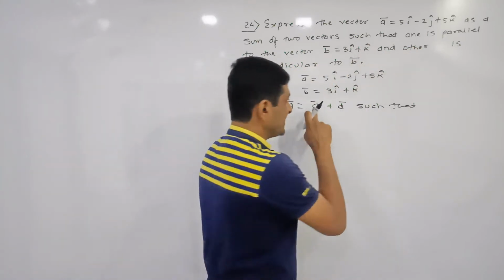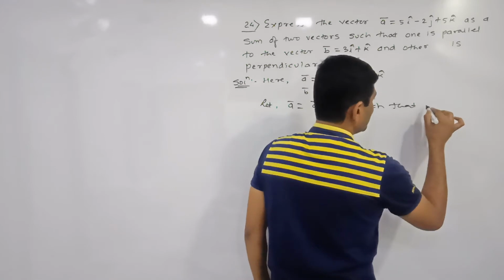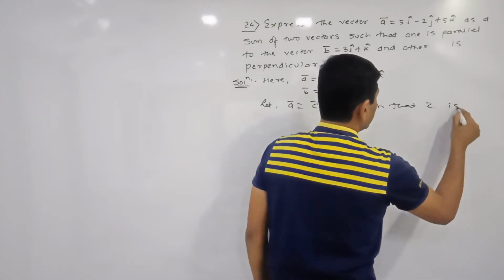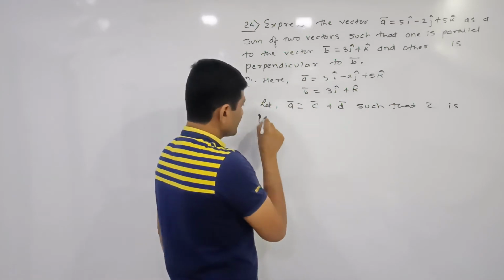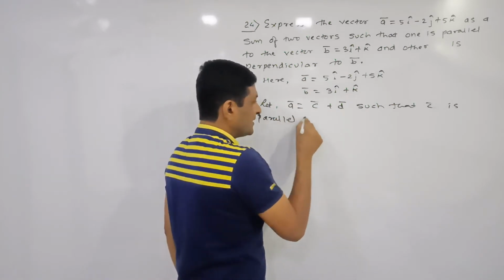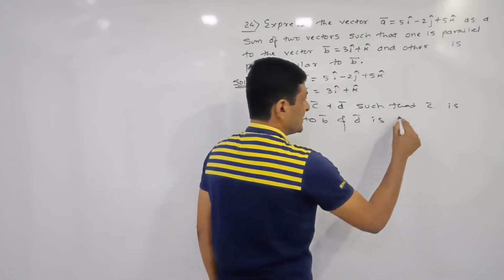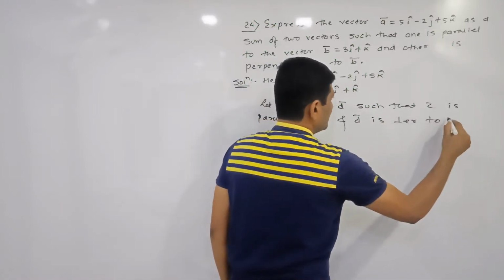So let us denote the parallel vector by C bar, such that C bar is parallel to B bar and D bar is perpendicular to B bar.